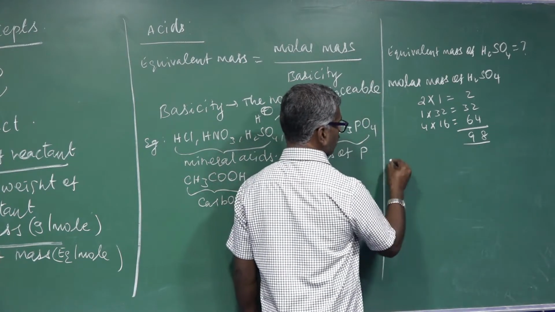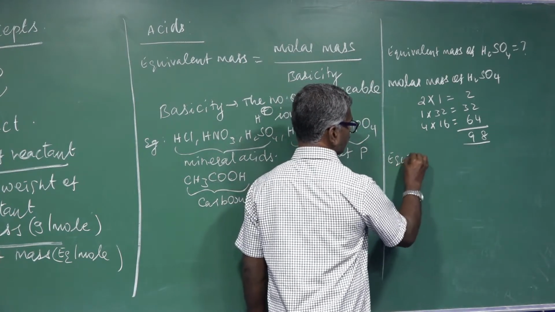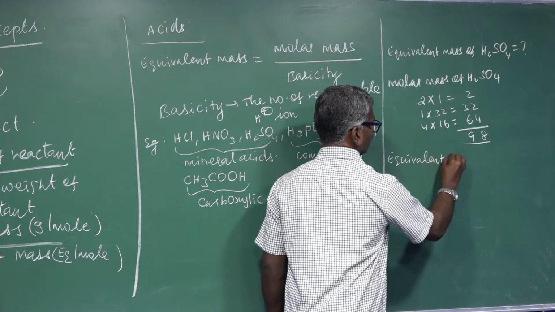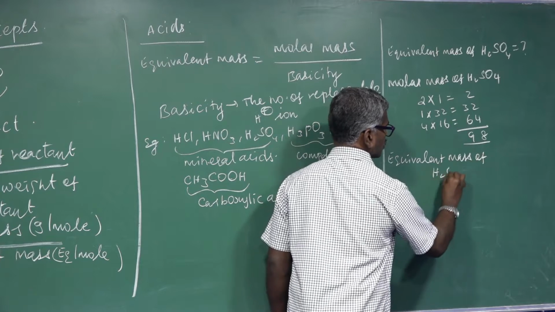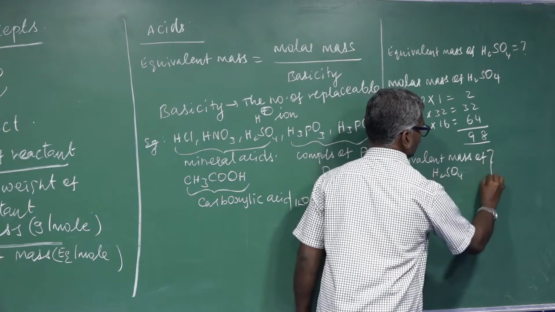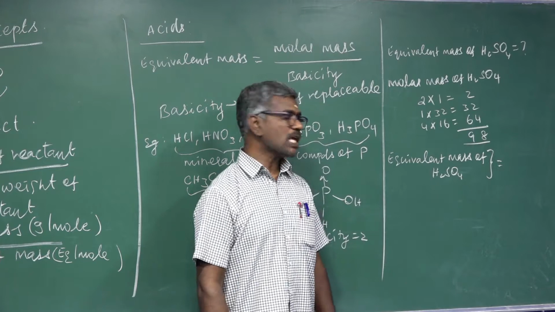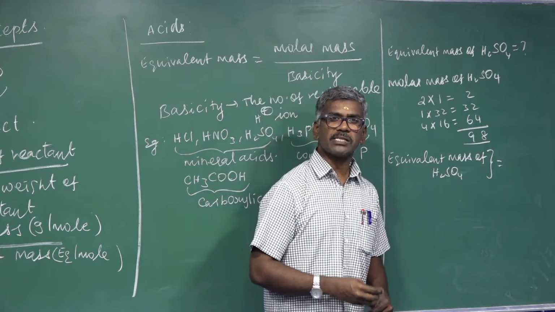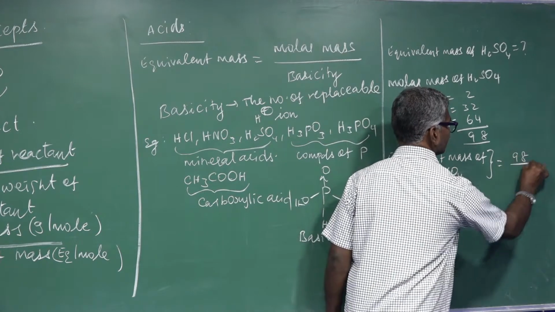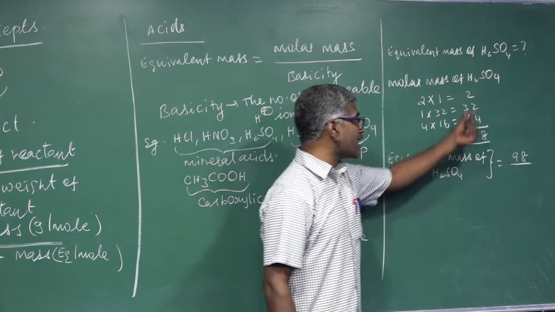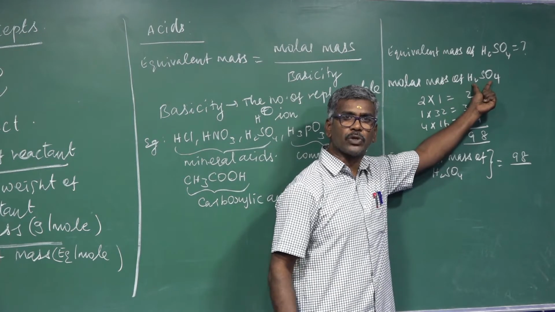Find the equivalent mass of H2SO4. What is the formula for equivalent mass? Molar mass divided by basicity. What is the molar mass? 98. What is the basicity? The number of replaceable hydrogen atoms in the compound, 2.